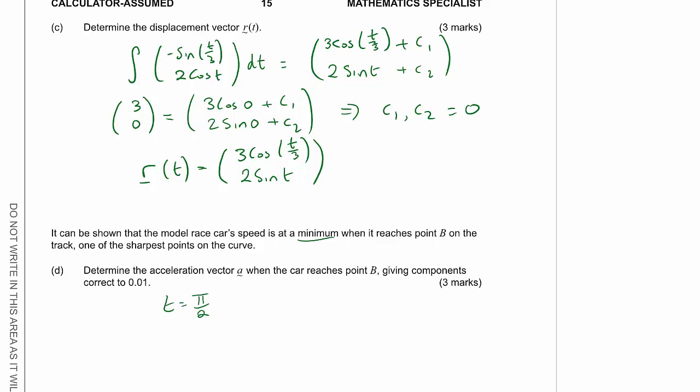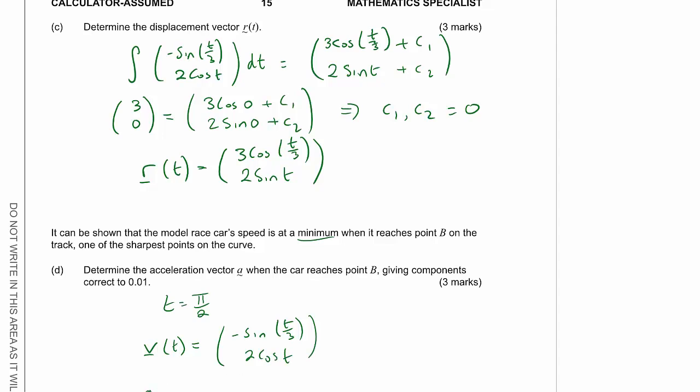Now, our initial velocity vector was equal to negative sine t on 3 and 2 cos t.